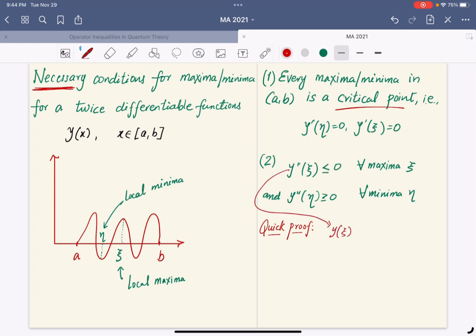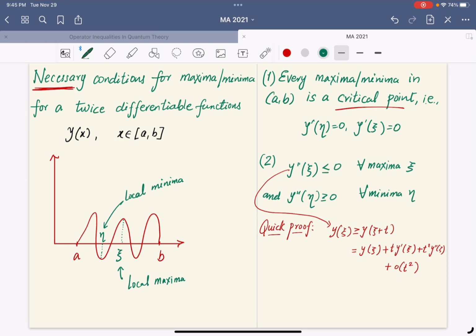Now because z is a local maxima, you can have this inequality: y(z) is greater than or equal to y(z+t). Now do the Taylor expansion of y(z+t) at z, and the Taylor expansion up to double derivative is given by this, t square times the double derivative at z, plus a remainder term, which is little o of t square. Now remember, y prime z is 0, right, because of the first condition.